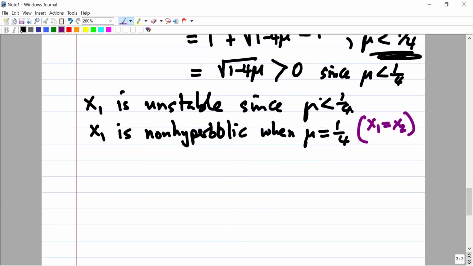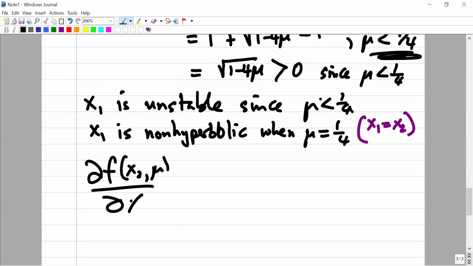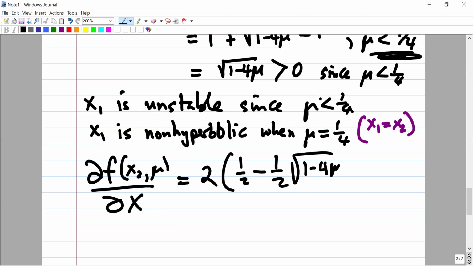So let's do it for x2. So we are now evaluating at x2. This is now half or 2. So 2 into half minus half root 1, provided mu is less than 1 over 4.